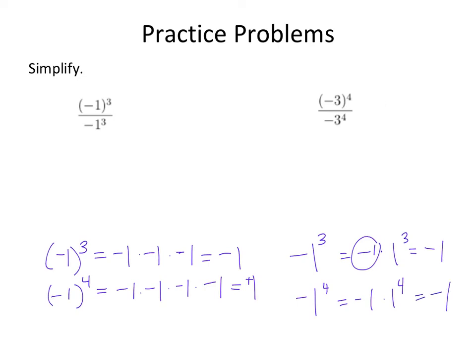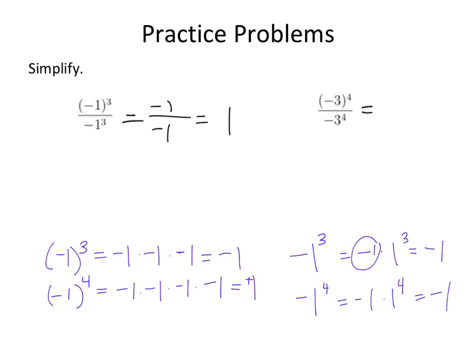So keeping that in mind, I can look at this first one. When I have negative 1 in parentheses raised to 3, I know that's just going to be negative 1 over this on the bottom, which also becomes negative 1. So simplify, this becomes positive 1. For this one on the right, I don't even care what 3 raised to 4 is. Since it's the same, they're going to cancel each other out. But I want to look at the sign of it.